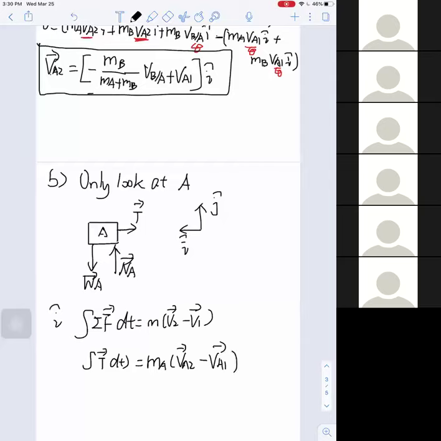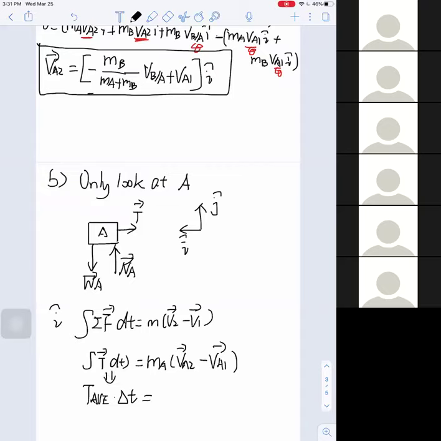Okay, and this problem is asking you to find the average tension force. So if we're only looking at the average force, we can think that force is constant during the whole duration, delta T, and then we can just take that out as T average times delta T. That's the left-hand side of the equation.